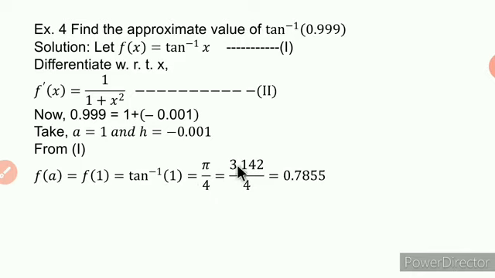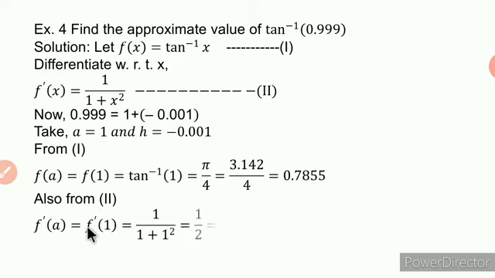Put the value of pi as 3.142 divided by 4. Dividing by 4, we get 0.7855. Also, from 2, f dash of a is equal to f dash of 1, it is 1 upon 1 plus 1 square, which is equal to 1 upon 2, which is equal to 0.5.